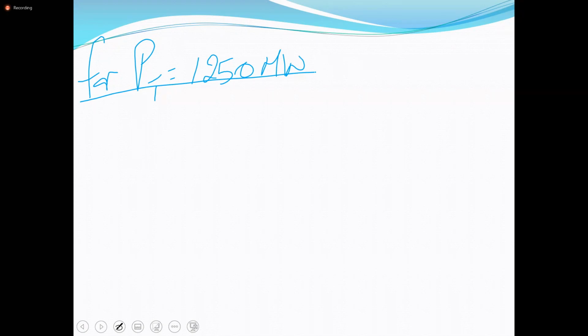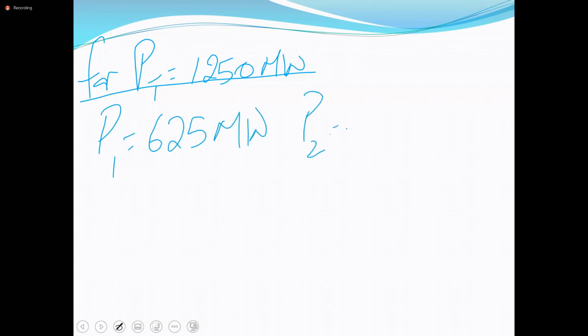We know, based on what we have before us, that both are operating at their maximum. So P1 is equal to 625 megawatts. And P2 would be 625 megawatts.